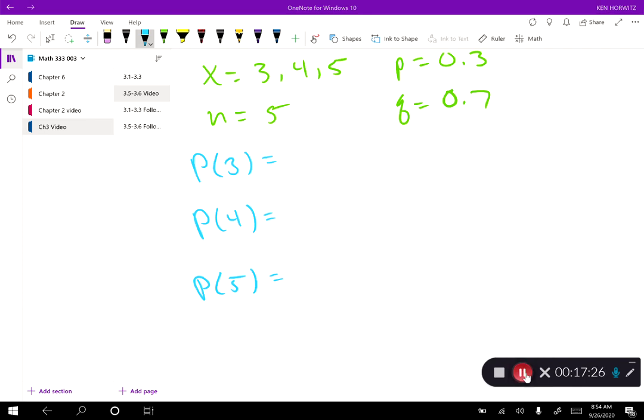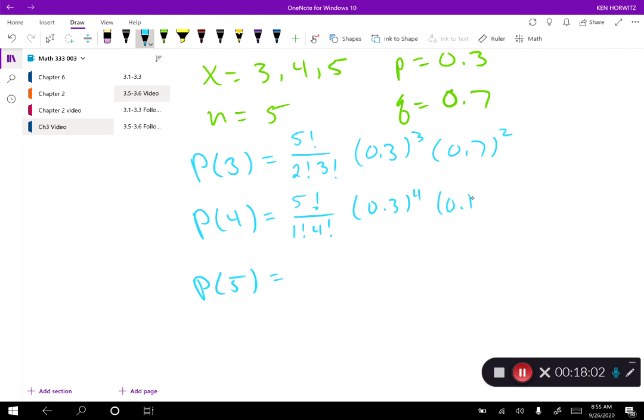All right, so let's see how you did. For probability of 3, I have n factorial, so that's 5 factorial, over 2 factorial, 3 factorial, times 0.3 raised to the third power, 0.7 raised to the second power. For the second one, I have 5 factorial over 1 factorial, 4 factorial, times 0.3 to the fourth, times 0.7 to the first.